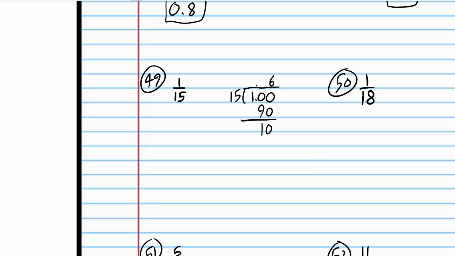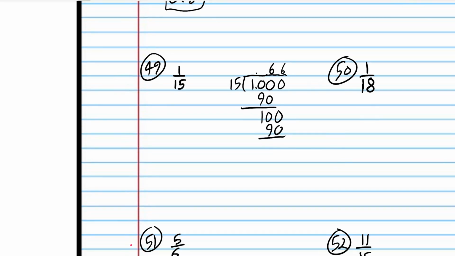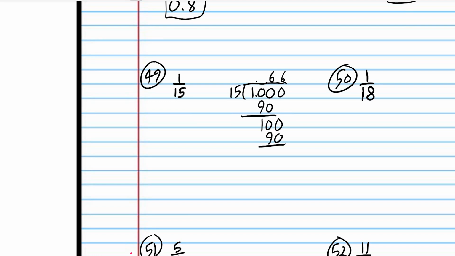We have a remainder, so we bring down another number. And we have 15 into 100 again, so it goes 6 times. As you can see, it's just going to keep going on and on. The difference was that we need a placeholder, so we write a 0 here.